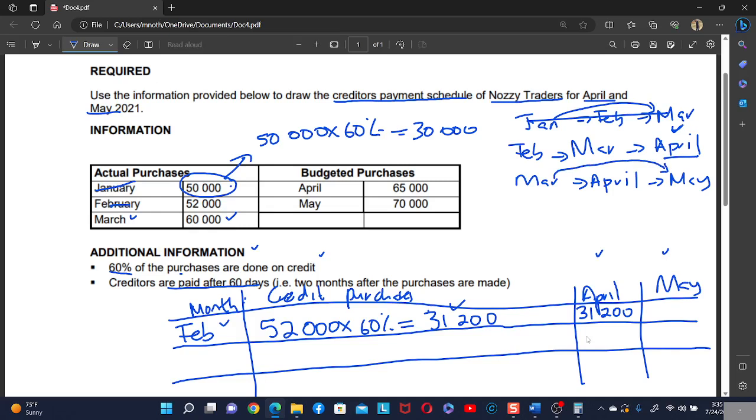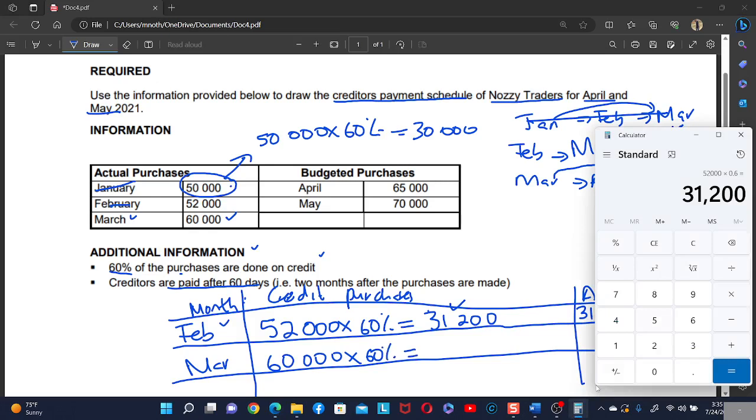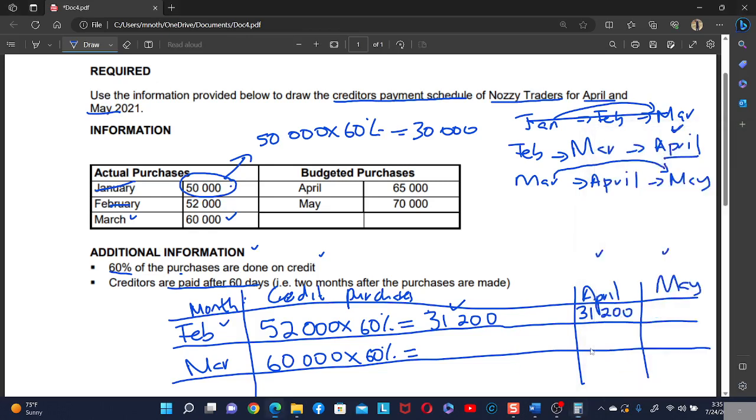So this is March, 60,000. We want the credit purchases, so we multiply by 60%. That is going to be 36,000.